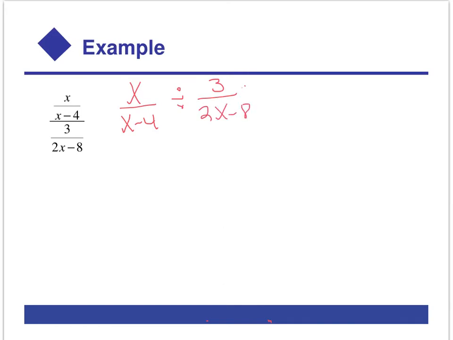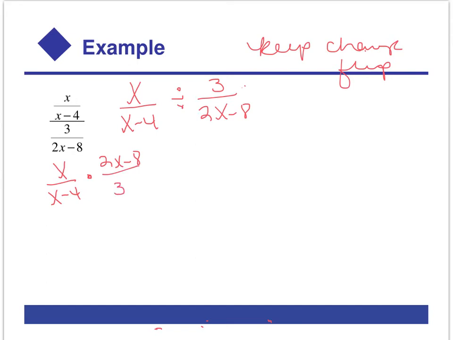Now you remember that phrase, keep, change, flip. That's what we're going to do. We're going to keep the first one, so we still get x over x minus 4. We're going to change it to multiplication, so now we get 2x minus 8 over 3.